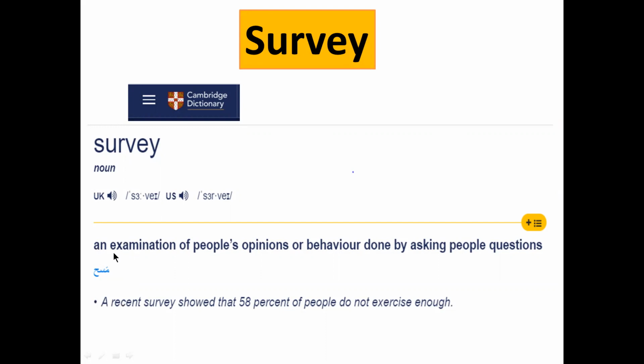A survey is an examination of people's opinions or behavior done by asking people questions. So you are going to examine people's opinions by asking them questions. This is a survey.